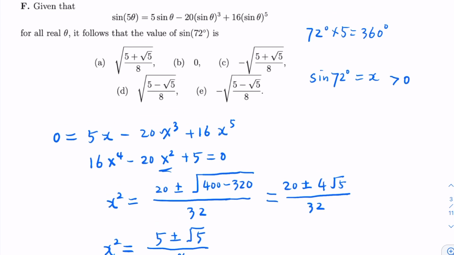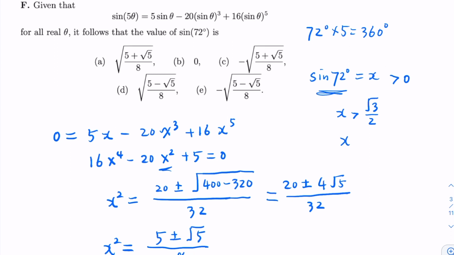Notice that we know for sure sine 72 degrees is going to be greater, because sine in the first quadrant is increasing from 0 to 1/2 to something bigger than 1/2. So this is definitely bigger than sine 30 degrees. So not only is x greater than 0, x is also greater than sine 60 degrees, which is square root of 3 over 2, and x squared would be greater than 3/4.